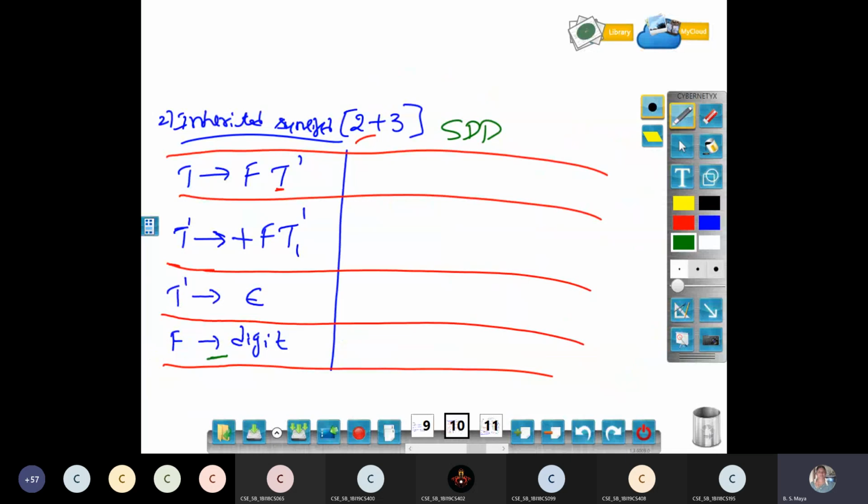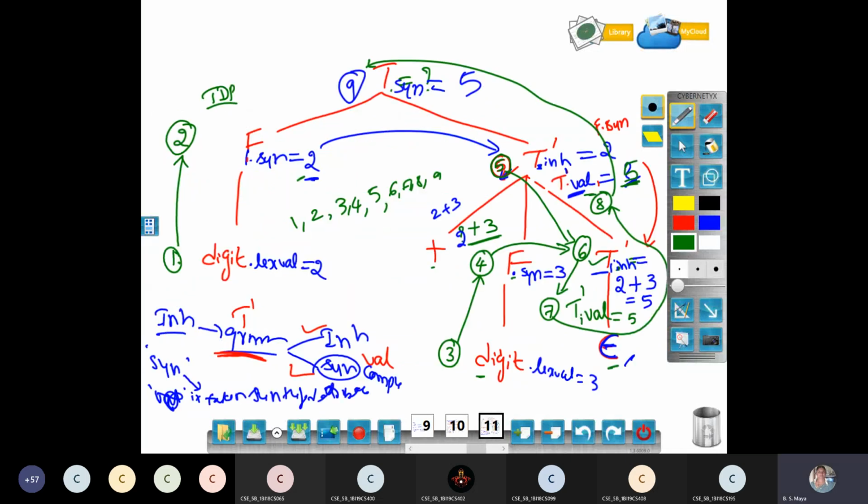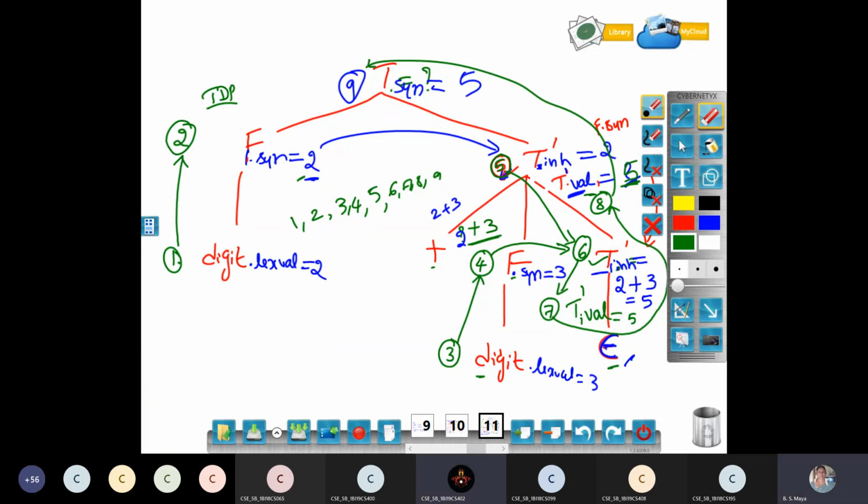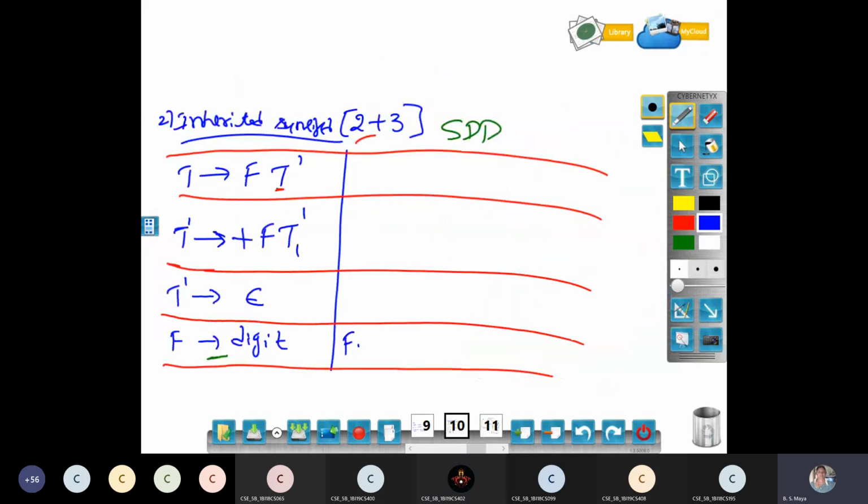Okay. What is the formula? You write the first formula, f dot digit. What is the f dot digit? One minute, I will rub out unnecessary things in the diagram. Okay. Now tell me, what is the formula for f dot of sync is equal to what? Digit dot of lexical value. Is it right? Yes, ma'am.